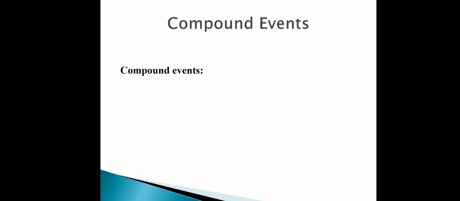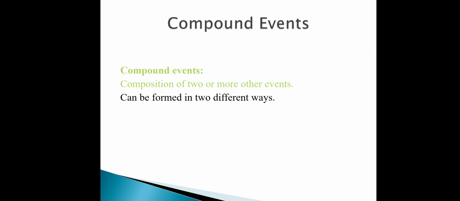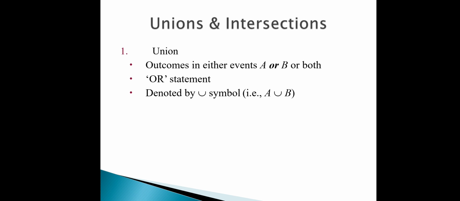Now compound events. What is a compound event, and how can it be explained by the related probabilities? The combination of two or more events can be formed in two different ways: union and intersection. First, union: outcomes in either event A or B or both.